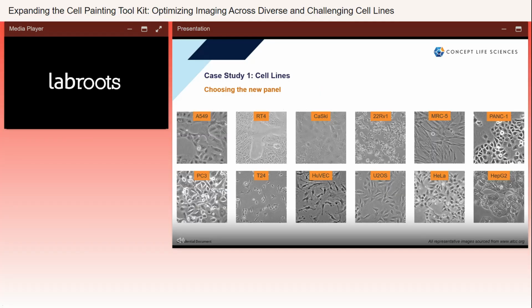To start with, I'll present a case study where we applied cell painting across 12 distinct cell lines. Now, these were chosen to reflect a range of tissues, lineages and oncogenic states. Our goal was to capture a broad phenotypic spectrum and assess how baseline morphology and compound responses varied by cell type.